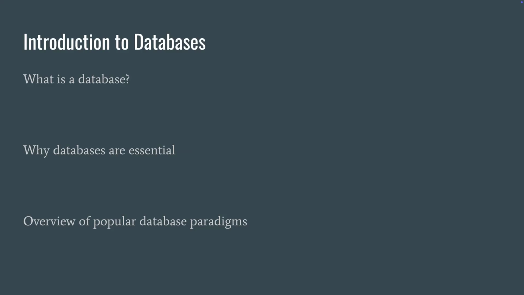Also, we're going to talk about in-memory and cloud databases. By the end of this lecture, you should have a good understanding of how each type of database works, the benefits they offer, and when to use them.